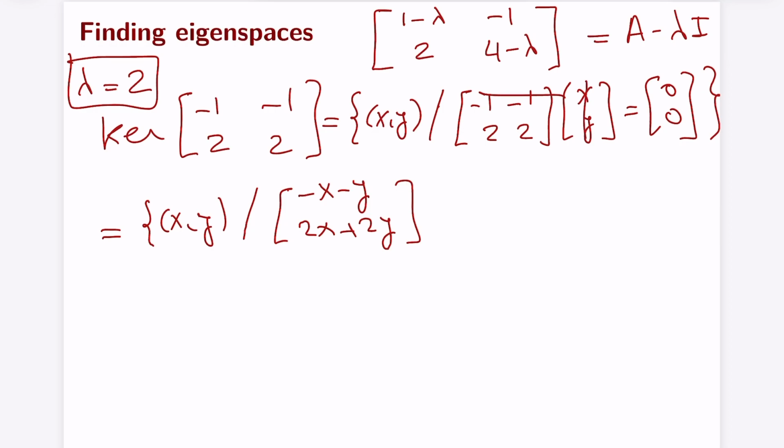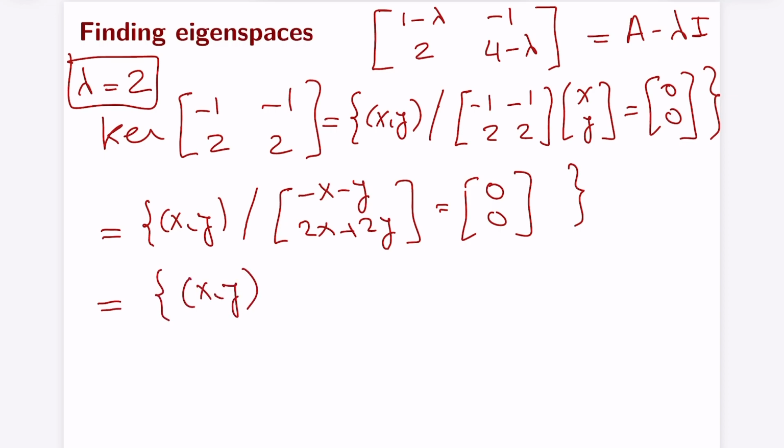So that's multiplying like this and multiplying like this. This vector has to be equal to 0, 0. So this is the set of x, y such that minus x minus y is 0 and 2x plus 2y is 0.